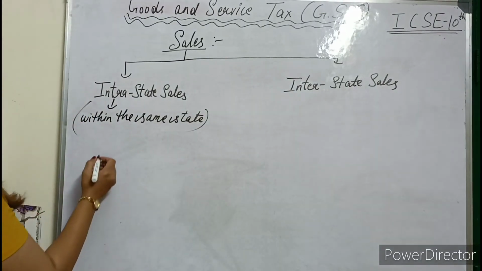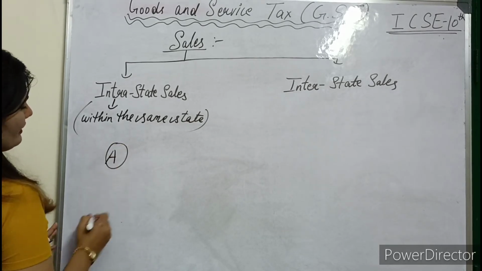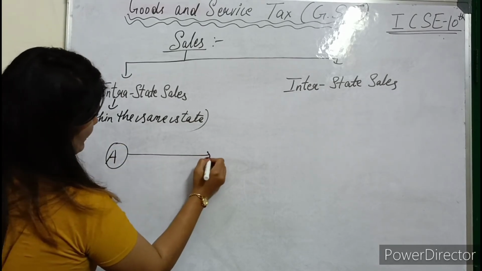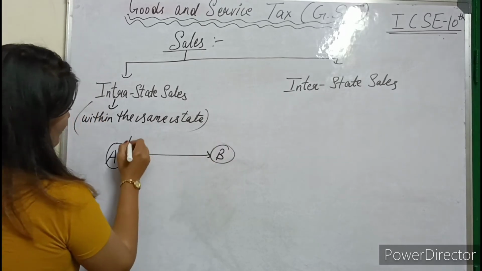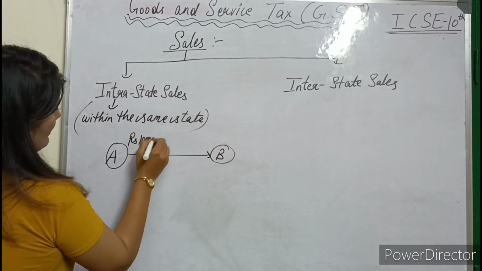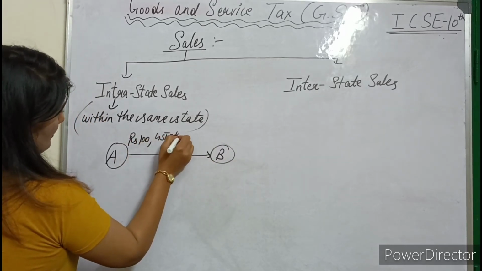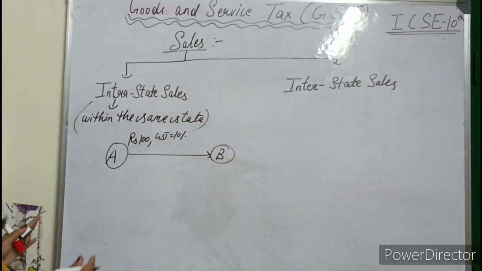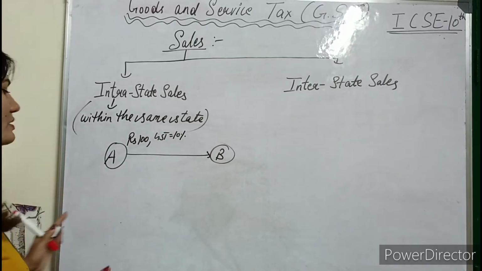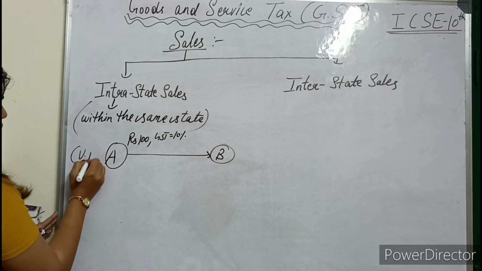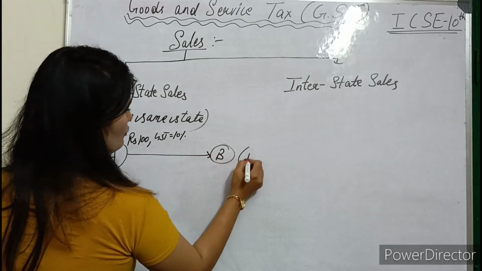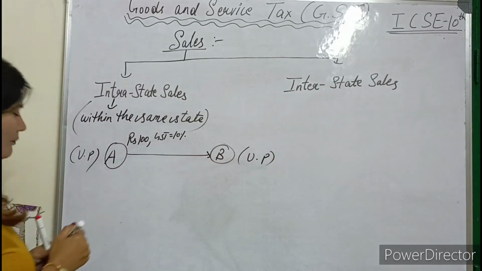For example, suppose a person A sells his product to person B at rupees 100 and GST is 10%. In this case, both persons belong to the same state. Suppose A belongs to UP, and B also belongs to UP state.